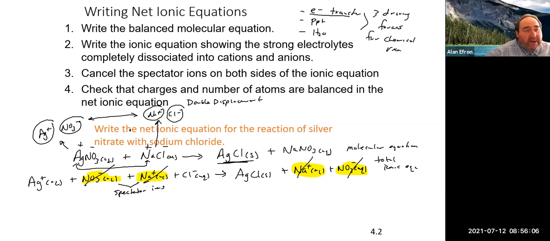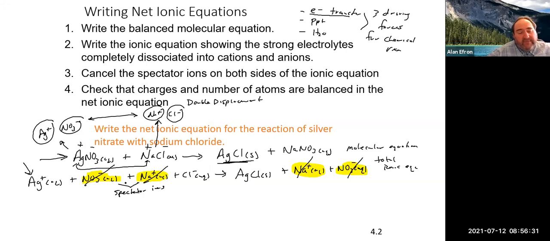And if you do it correctly, and what I mean by doing it correctly is that you start with a balanced equation here and a balanced equation here, your spectator ions should always completely cancel out. So you should never have, like, on one side 2 sodiums and only 1 sodium on the other side. They should always be balanced and they should really completely cancel out always.